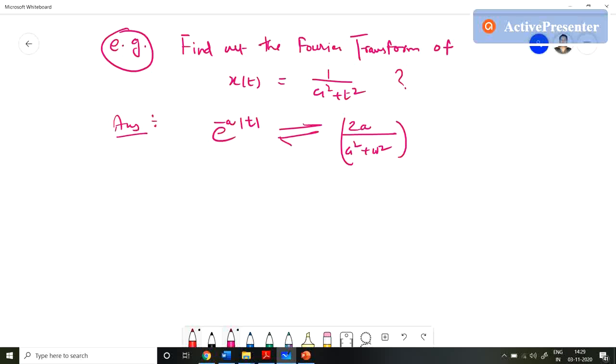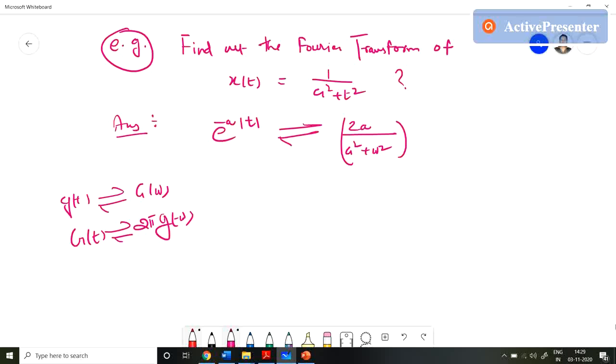We can apply the duality property. What the duality property says is that if g(t) has Fourier transform G(omega), then G(t), where omega is replaced by t, has the Fourier transform 2 pi g(minus omega).